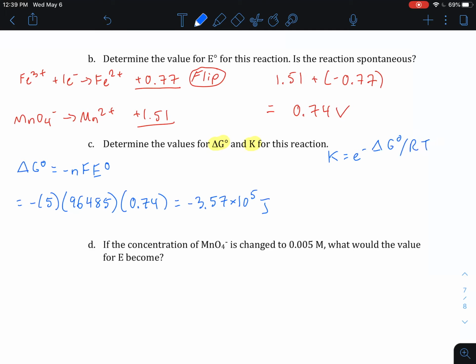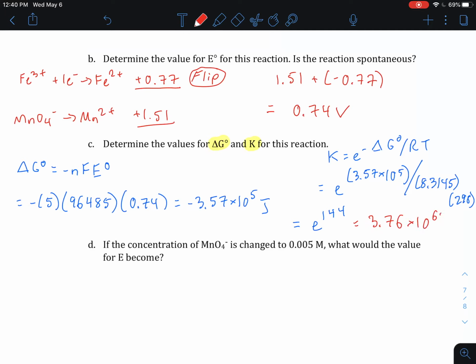And then we can use that to solve for K, right? K equals e to the negative delta G naught over RT. That becomes e to the 3.57 times 10 to the 5th divided by RT, 8.3145 times 298. That becomes e to the 144 power.